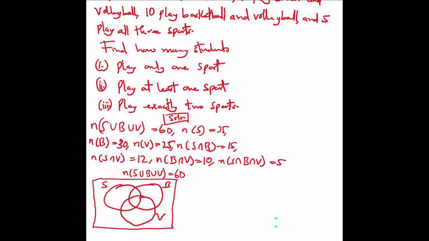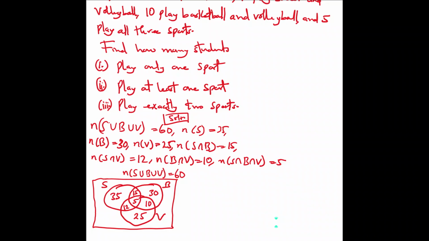S, B, V. The number who play soccer is 35, basketball is 30, volleyball is 25, soccer and basketball is 15, basketball and volleyball is 10, soccer and volleyball is 12, and all three is 5.